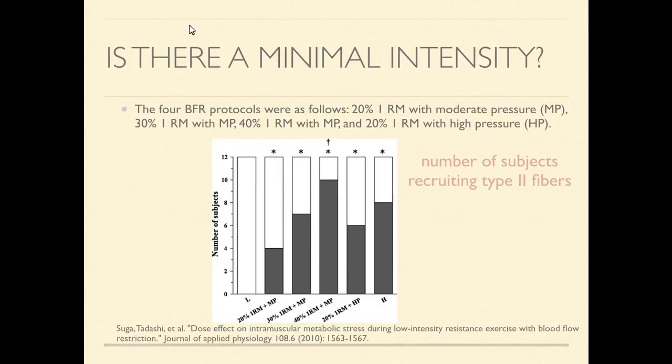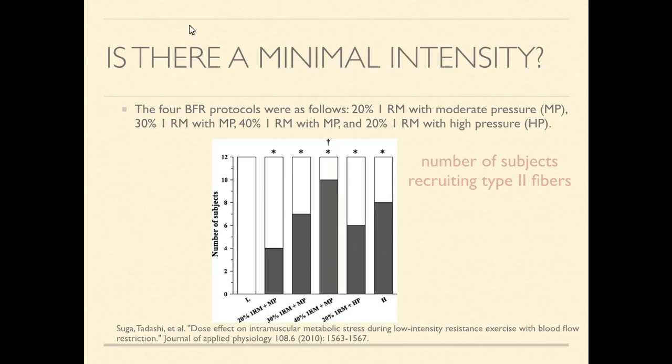In this study, they had very intricate design. They had 20% 1RM with moderate pressure, and you're looking at recruitment of type 2 fibers. Then you had 30% 1RM moderate pressure, 40% 1RM moderate pressure, 20% 1RM high pressure, and then high intensity, which is all the way to the right.